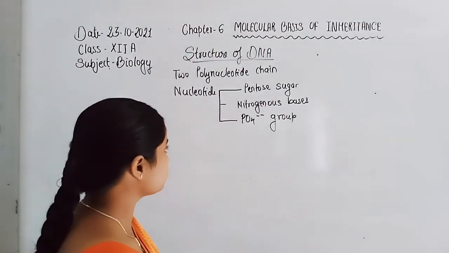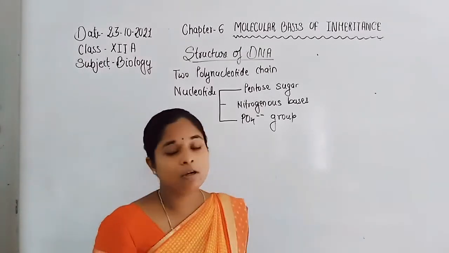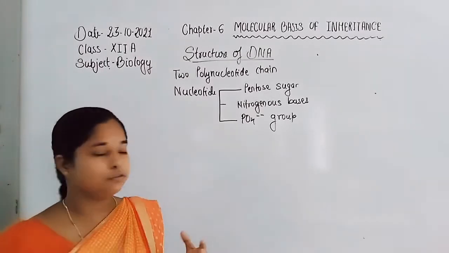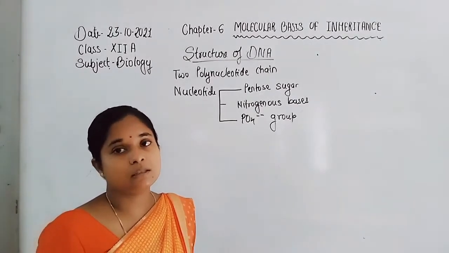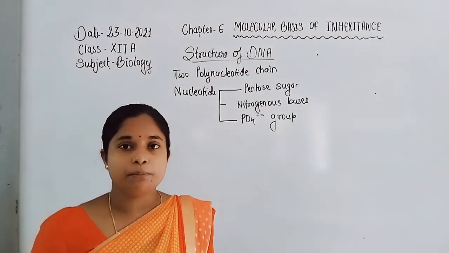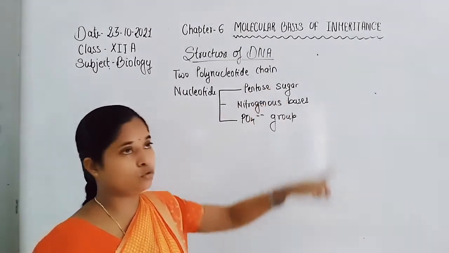Pentose sugar: if we talk about the full form of DNA, as we know, the full form of DNA is deoxyribose nucleic acid, where ribose stands for pentose sugar.